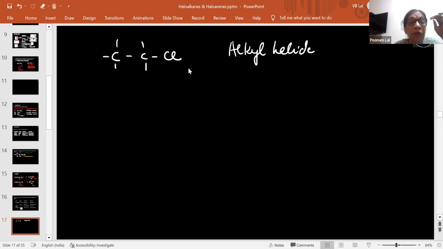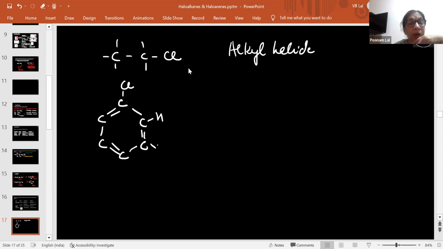Now supposing the carbon atom is sp2 hybridized. There are different possibilities. Supposing I have my benzene ring, you have learned already in 11th standard that in the benzene ring there are alternate single and double bonds. My halogen is attached here. Halogen is directly attached to a carbon which is a part of the benzene ring, right?